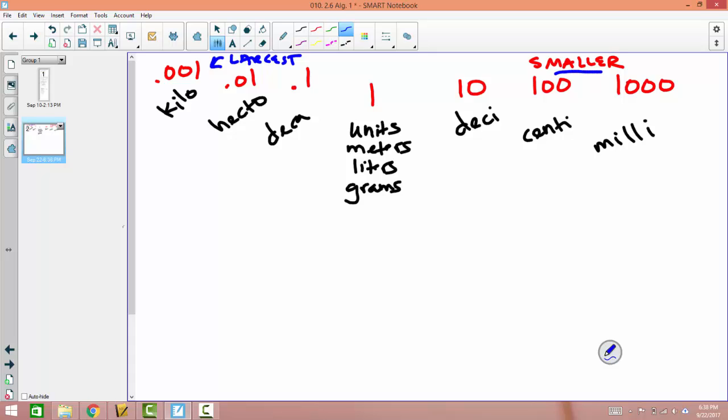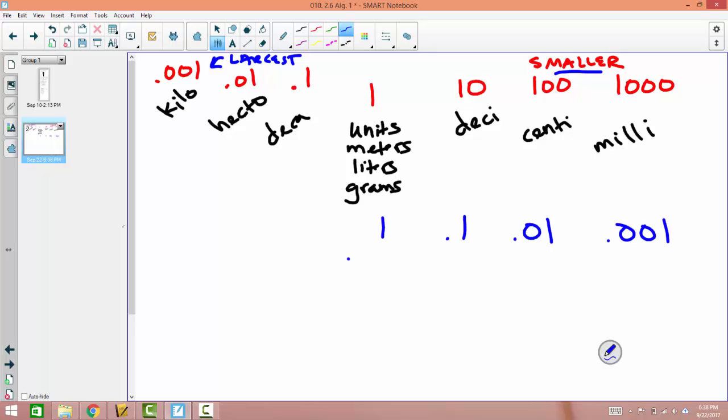Because a lot of times, how do I say this right? Okay, so sometimes people think of it as millimeters is equal to 1 meter.